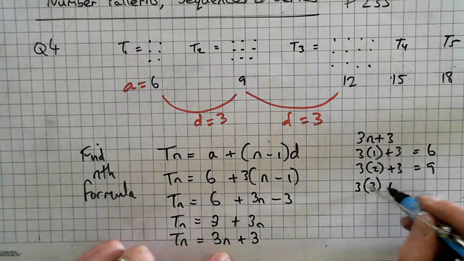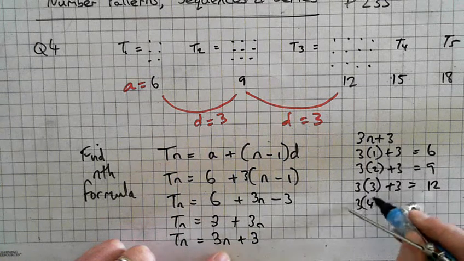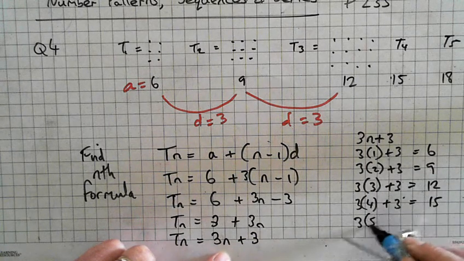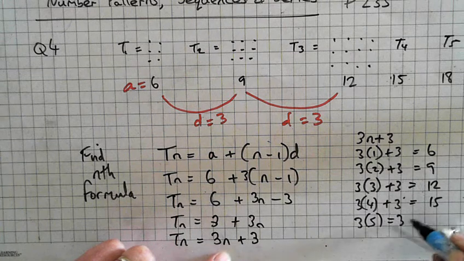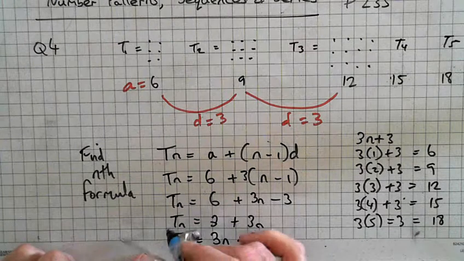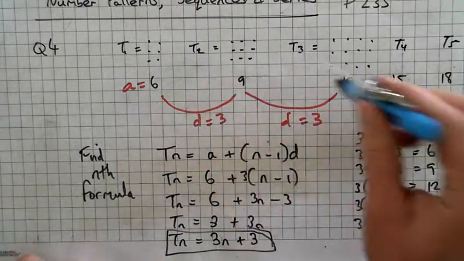If I put in 3, what comes out? 12. If I put in 4, I get 15. If I put in 5 into the formula, I get 18. So this is the specific formula. The nth formula is the specific formula for the sequence.